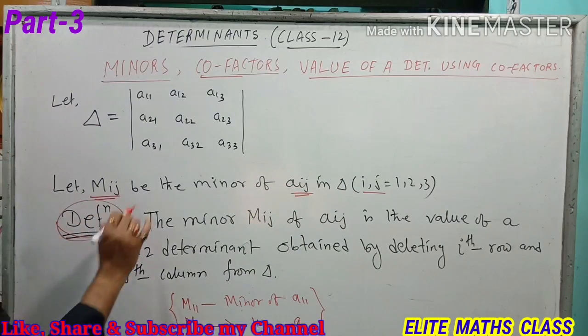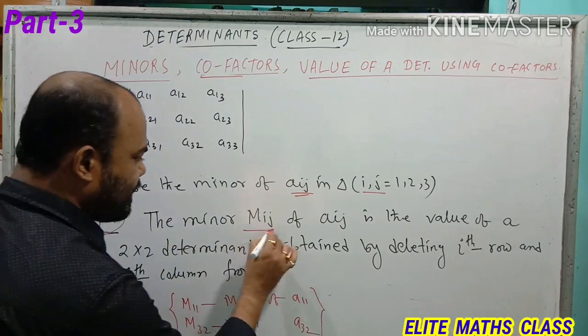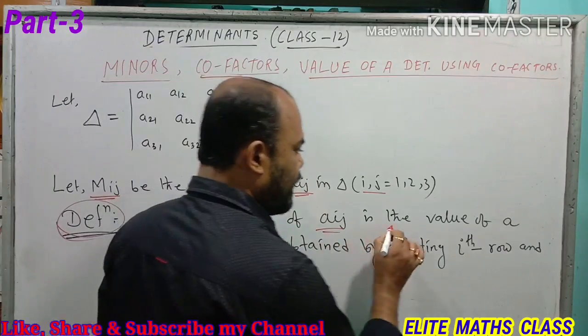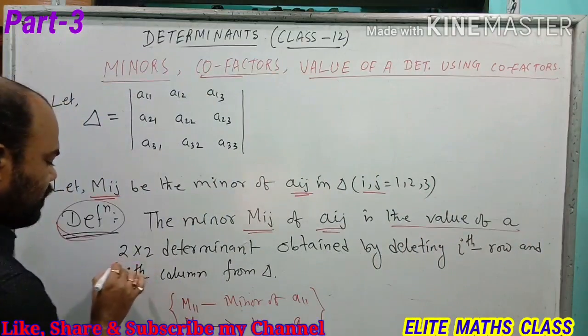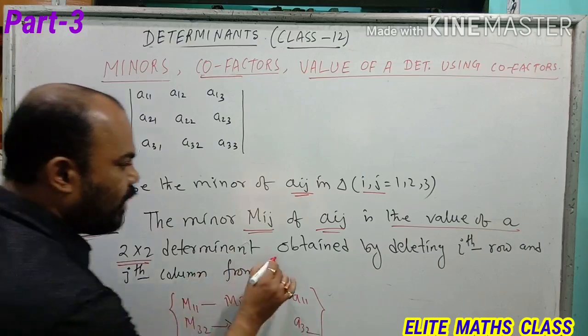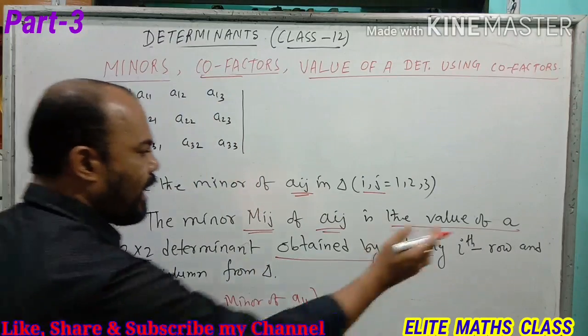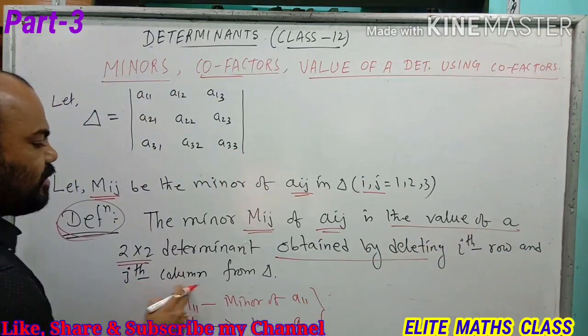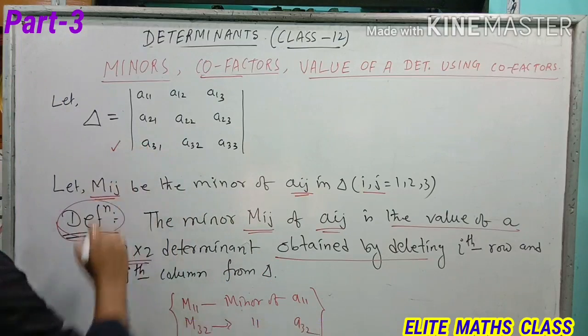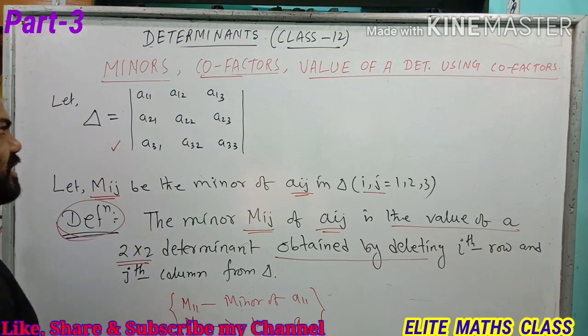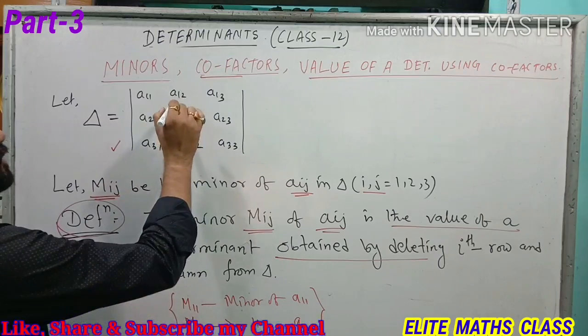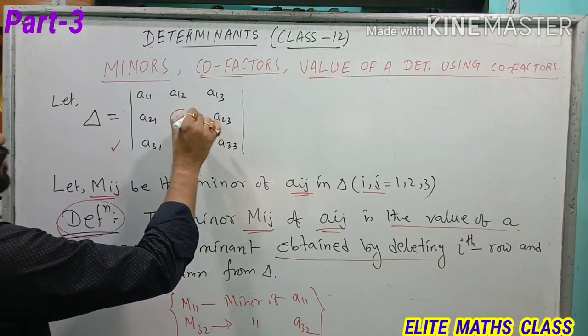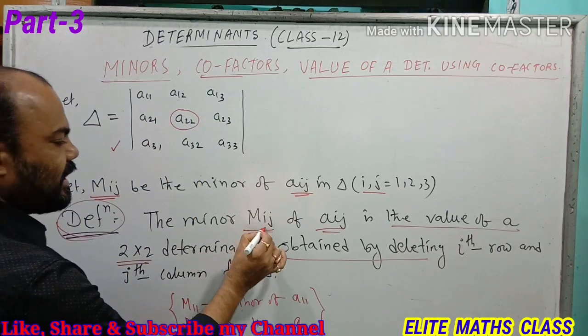Now see the definition of minor. The minor Mij of Aij is the value of a 2 by 2 determinant obtained by deleting the ith row and jth column from the given determinant delta. So I am explaining here. We have to find the minor of A22, that is M22.